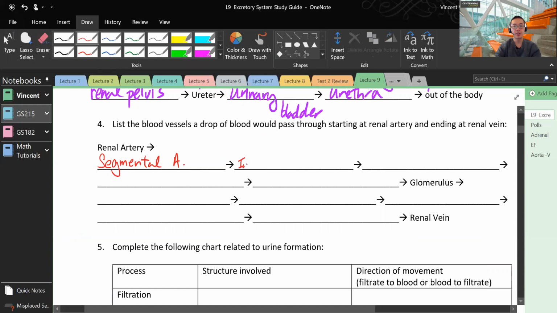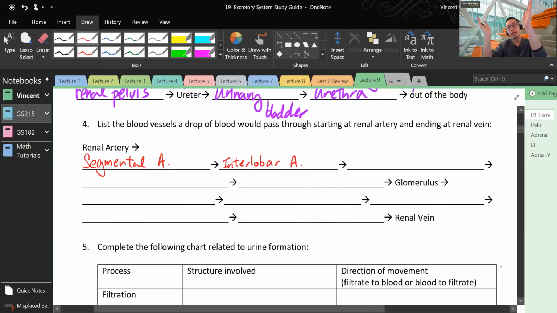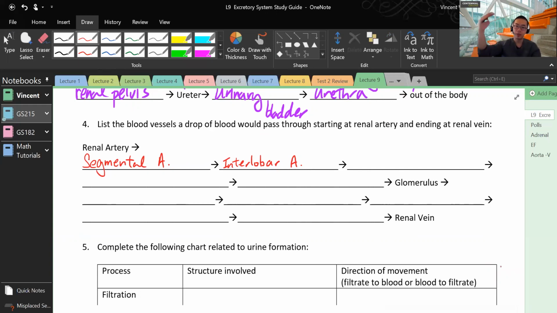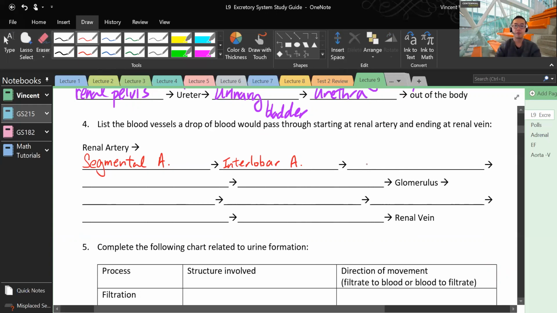That would be the interlobar artery. And then once we get up to the edge of the pyramid, we're going to turn around and round the outer edge and form the arcuate artery.